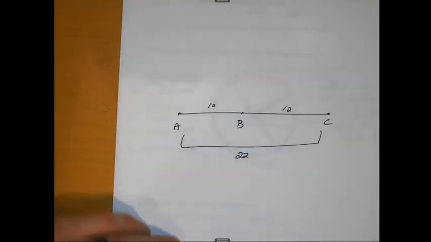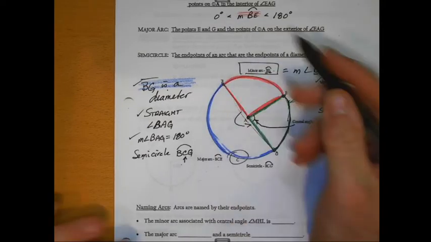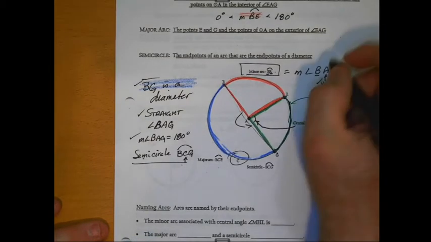So this semicircle is going to be an arc that has the endpoints of the diameter.